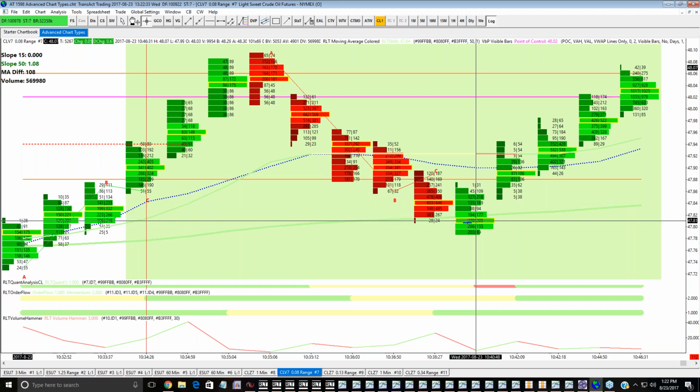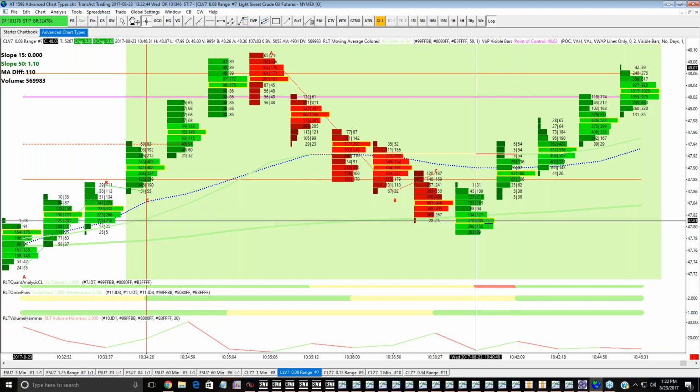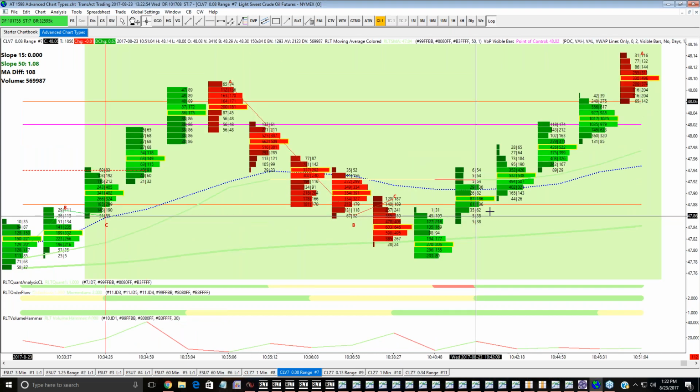As price came down and hit the 50, we got the most volume execution. Intense buyers came in almost exactly at the 50 to give us the point of control almost sitting right on top of the 50.